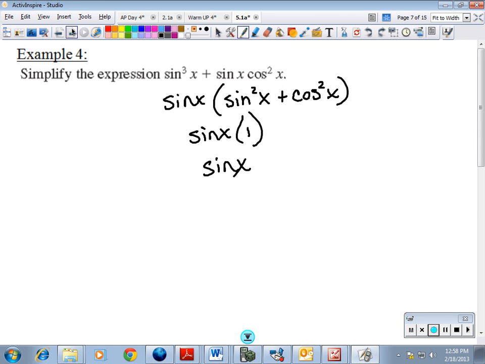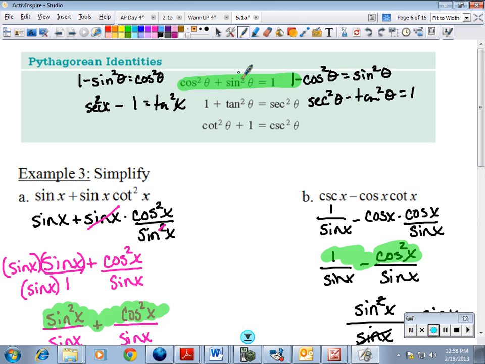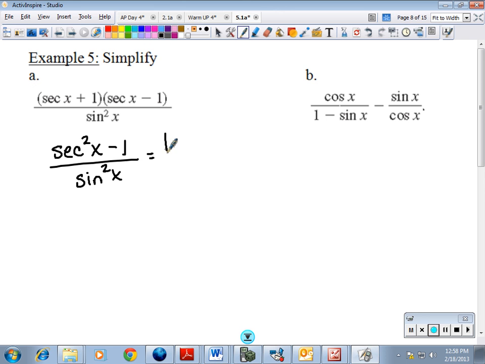Okay, let's look at example 5. We'll do A and then we'll stop this video. I can FOIL this out. This is a difference of two squares. It's going to be secant squared minus 1 over sine squared. Well, secant squared minus 1 is tangent squared. So that's tangent squared divided by sine squared.